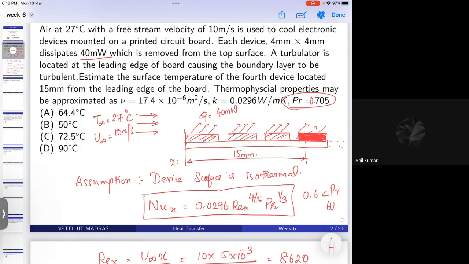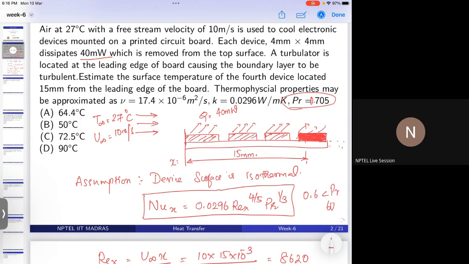Because when you have written this equation, Nusselt number is equal to 0.0296 Reynolds raised to power 4 by 5, Prandtl raised to 1 by 3, we are never writing that the Prandtl number should be within 0.6 to 60. We never write it in any of the books. We always presume that whatever is given in the statement is within the limit.